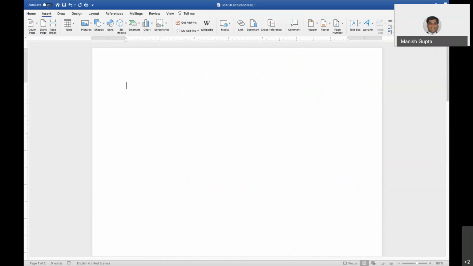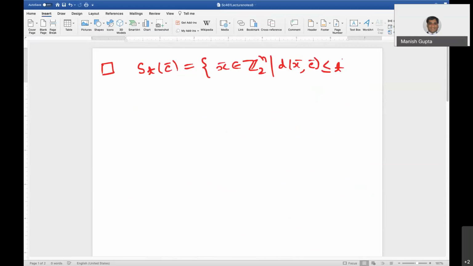The proof involves counting the total number of vectors in the sphere of radius t. Suppose S_t(c) is a sphere of radius t, all those vectors x in Z2 raised to power n such that the distance between x and c cannot exceed t. This is the sphere of radius t around a code word c in C. What is the size?